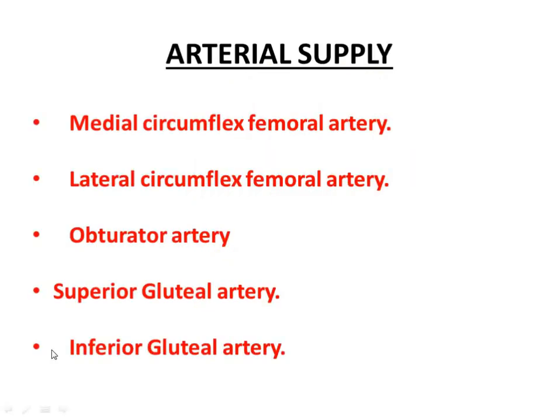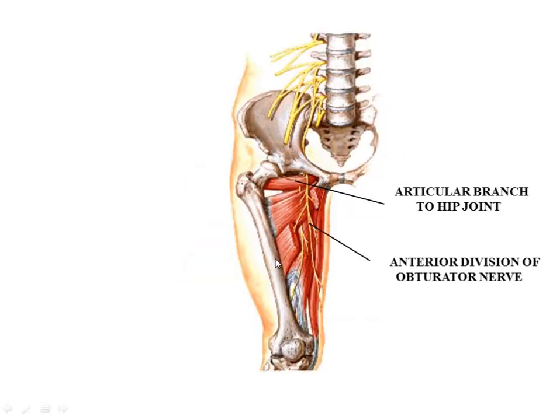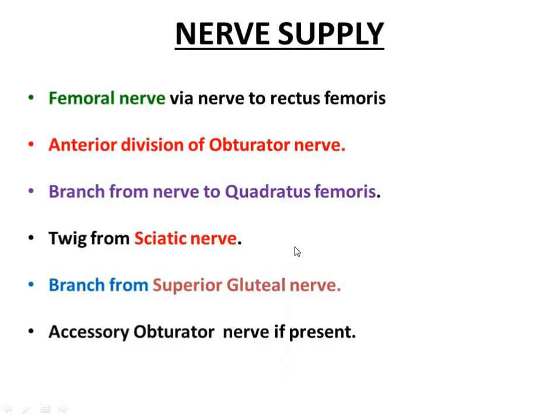So, whatever nerves are present in this region are going to give the nerve supply to the articular branch to the hip joint. We have seen the quadratus femoris, the superior gluteal nerve, inferior gluteal nerve, then the obturator nerve supplying these muscles present over here. So, all the nerves are going to supply the hip joint.